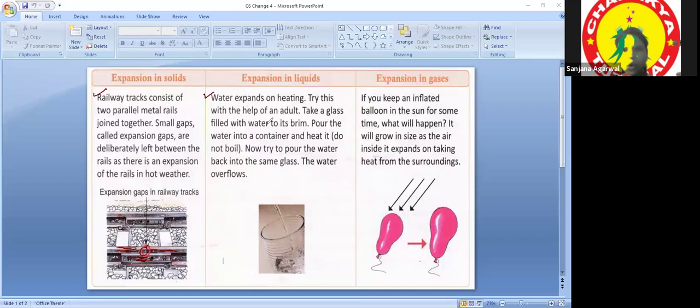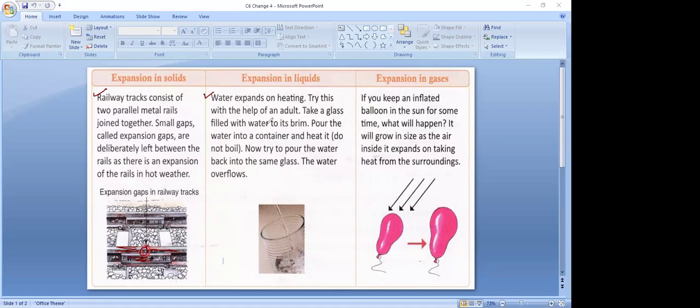Heat it. Do not boil. Just heat it to a little high temperature, and pour that water into the same glass. Because while we heated the water, it expanded a little bit more. Then it is supposed to occupy a little more space. So if we pour that same water back into the same glass, it is expected to overflow. Are you getting? Yes, ma'am.